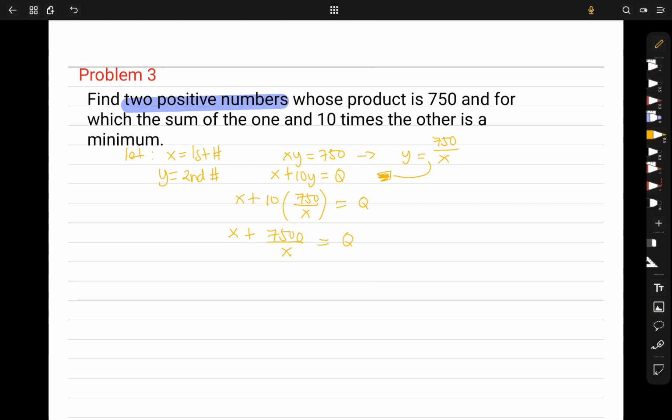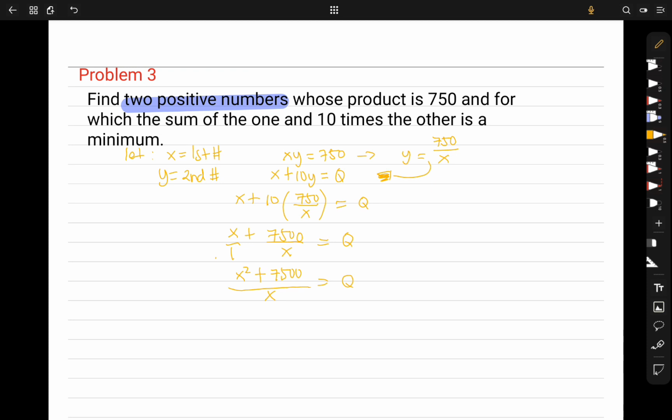And then let's combine these two terms. The LCD is x. So x divided by 1, that is x, multiplied by x, that is x squared, plus x divided by x, that is 1. Then we remain with 7,500 is equal to q.